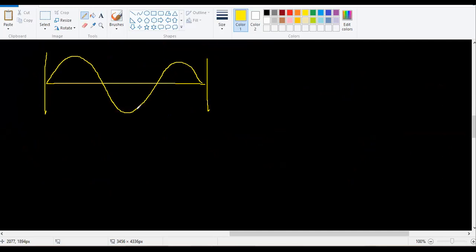You see, this is one full lambda. Suppose the standing waves are formed, instead of forming like this, suppose it was formed like this from this location.